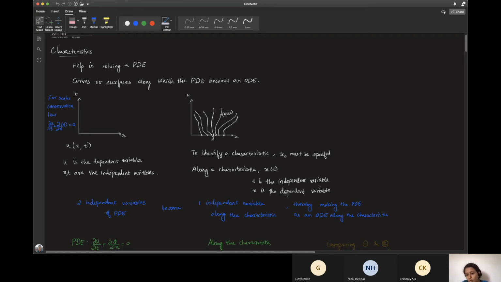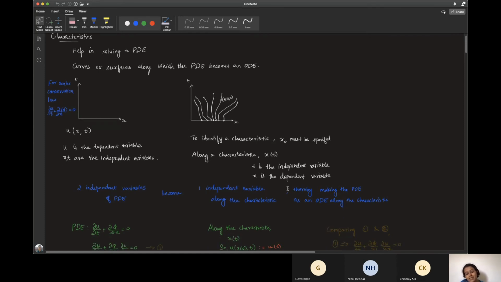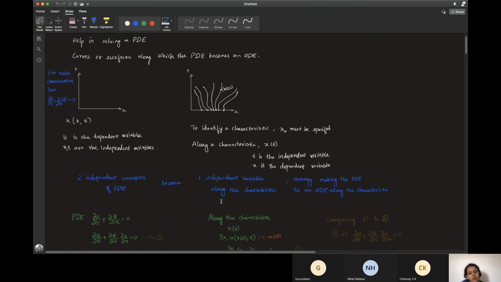Here when you go to a curve, your x is a function of t and only t is the independent variable and x is a dependent variable. x is dependent on t now. So that way you get only one independent variable. So in the plane you had two independent variables that turned out into one independent variable along the characteristic.